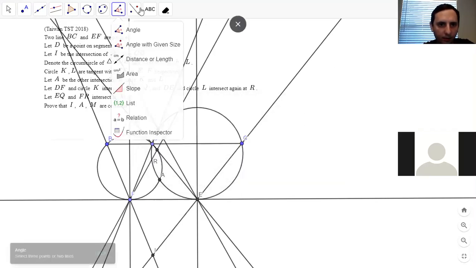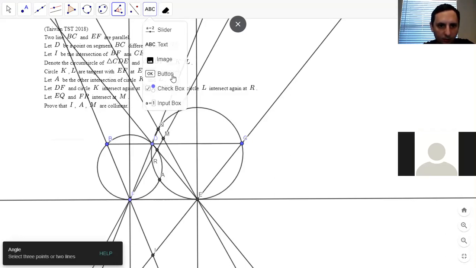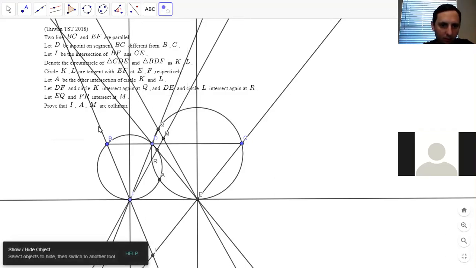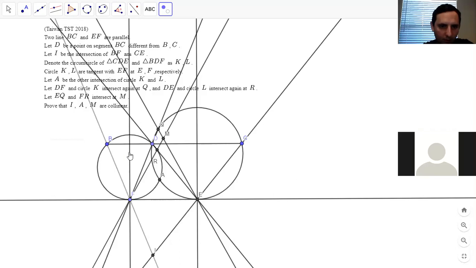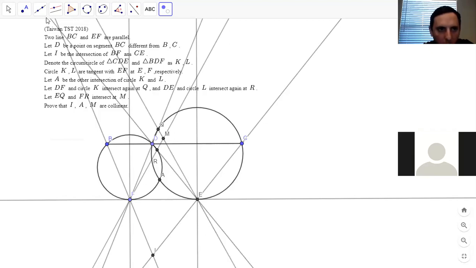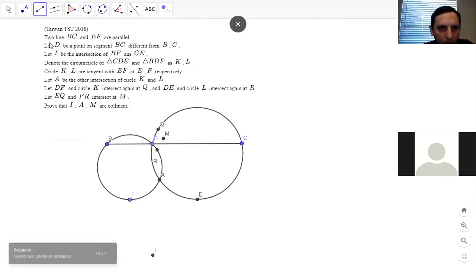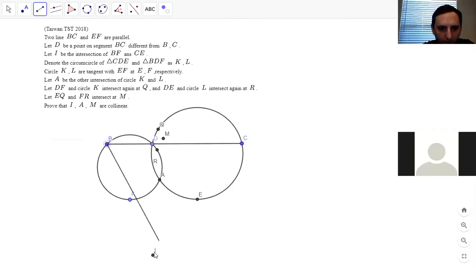Let's hide a couple things. Actually, hide a lot of things. We don't need to hide BC. Okay.